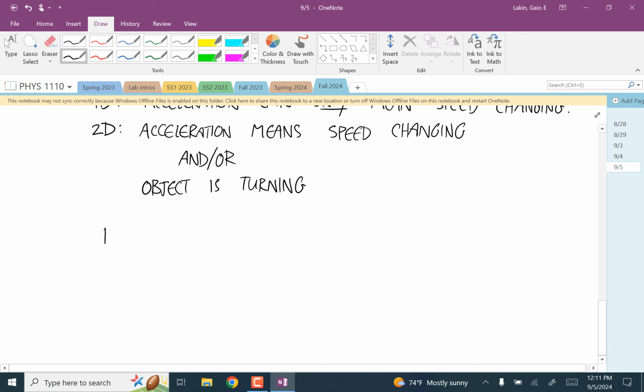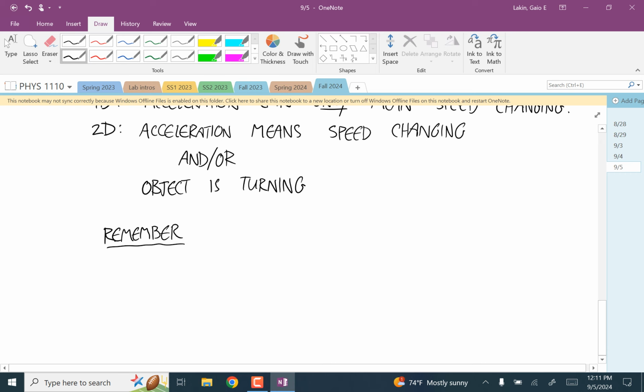And as far as interpreting acceleration, remember this. So what does it mean? I said the only way in 1D that you can have acceleration is if the object is changing speed. So the object can either be speeding up or slowing down.